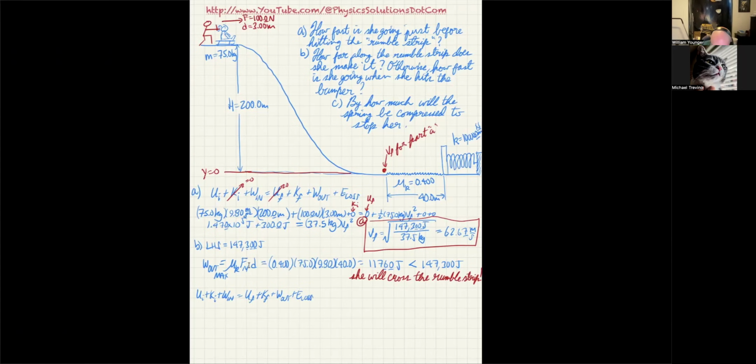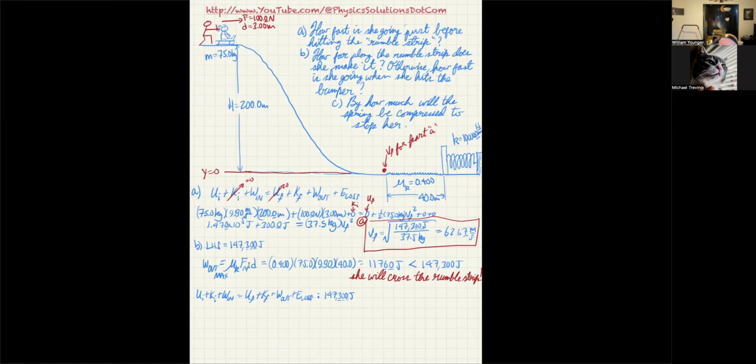So again, you could have called that W out max that we said was the work done against friction. We could have called that E loss. That would have been fine. The main thing is what I'm going to do is take the left-hand side of this, which is 147,300 joules. I'm going to set that to the left-hand side.